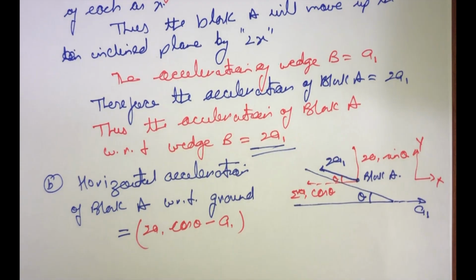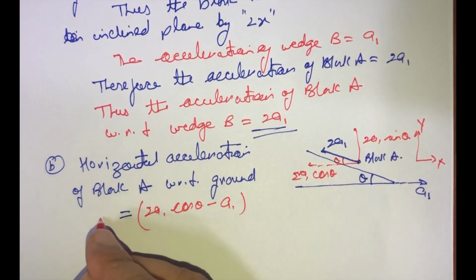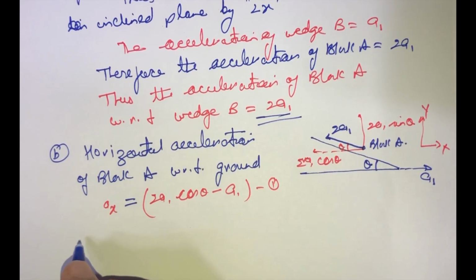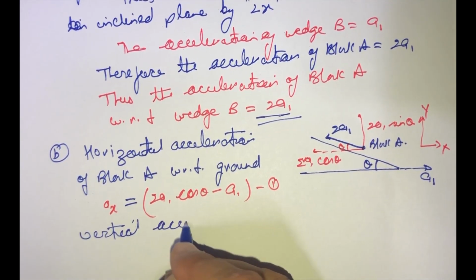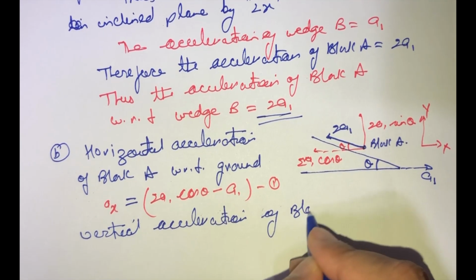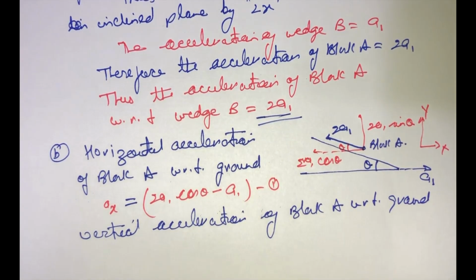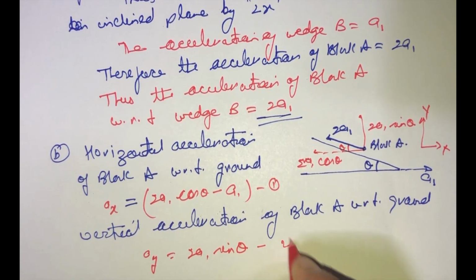Let us call this AX, equation 1. The vertical acceleration of block A with respect to ground, which we call AY, will be equal to 2A1 sine of theta, and this is equation number 2.